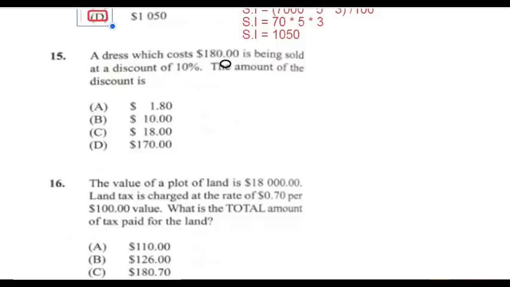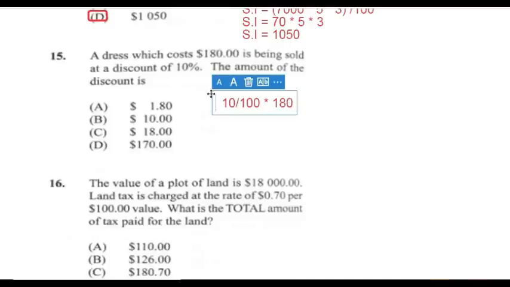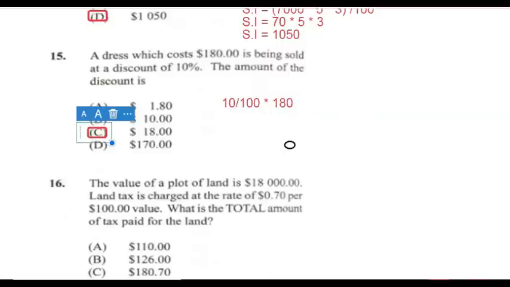If you want an easy way to work it out, it's 10 over 100 multiplied by 180, and as you can see, you can cancel a 0 from the 100 with the 0 from the 10, and the remaining 0 from the 10 with the 0 from the 180, and we are left with 18. So the answer for 15 is C. So 10% of 180 is 18.